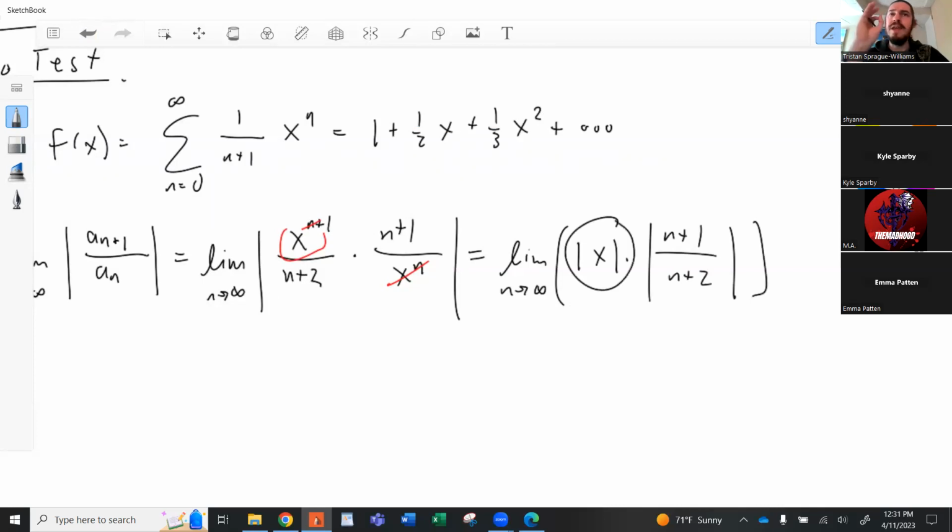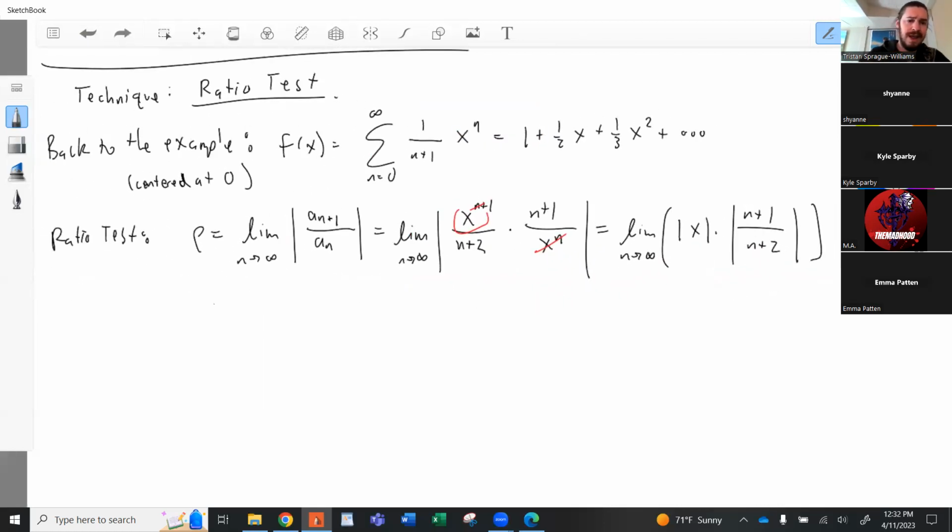This x, as far as the limit is concerned, because this limit is focused on the variable n, the absolute value of x is treated in the same way that you would treat a constant. So as far as the limit's concerned, we can pull that x out of the limit like we would with a constant.